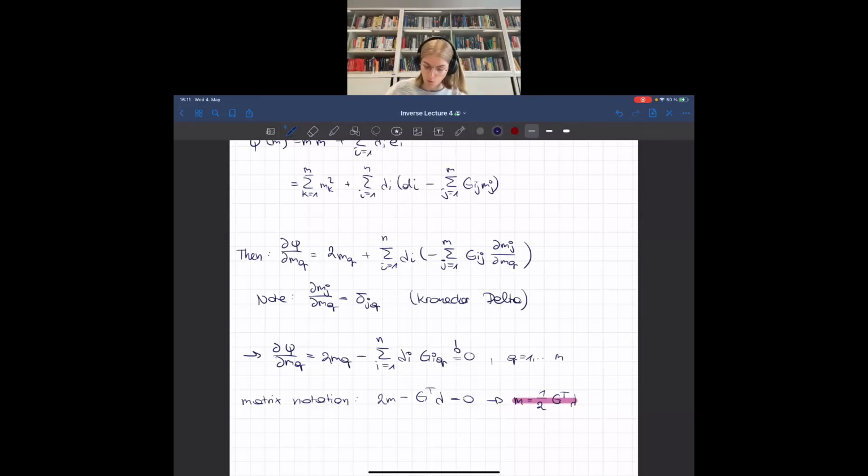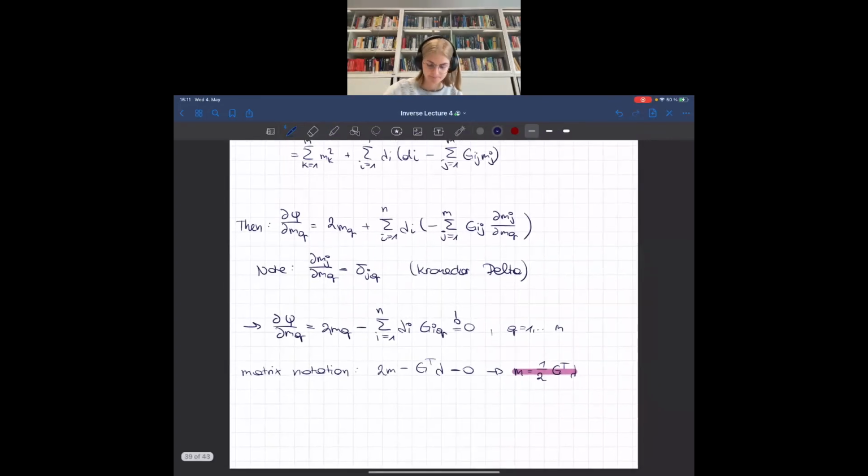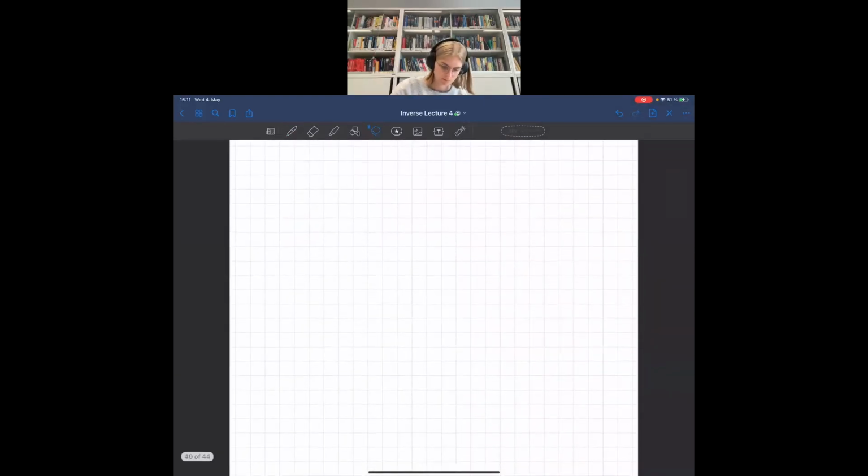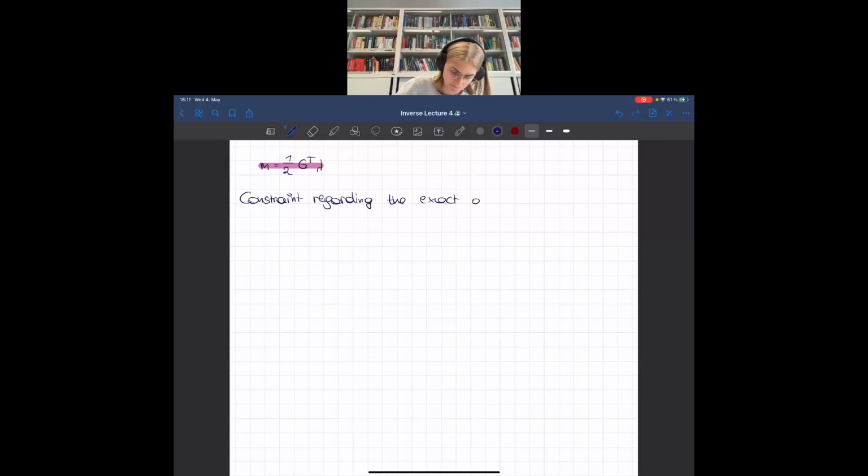So we have come quite far. Let's copy this to the next page. One thing we didn't use so far is the constraint regarding the exact data fit. If you remember, it was given as d being equal to G times m.